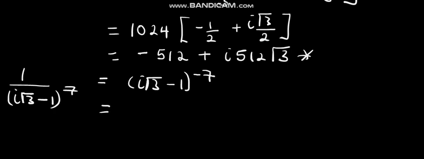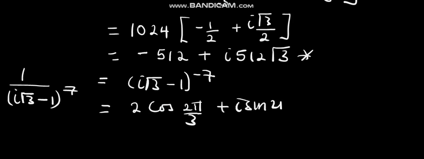In terms of modulus argument form, it can be 2 cos 2π out of 3 plus i sin 2π out of 3, where the argument is 2π out of 3.